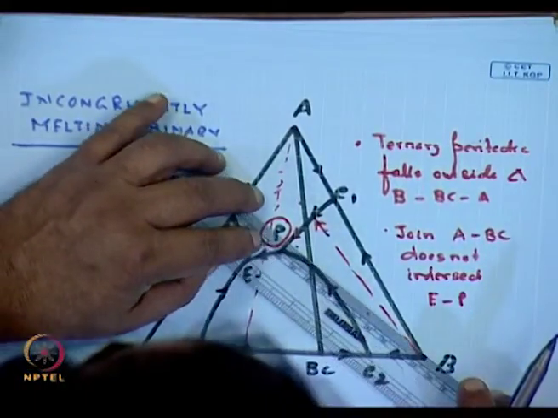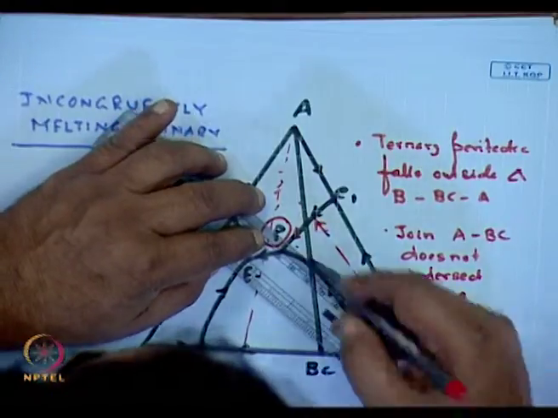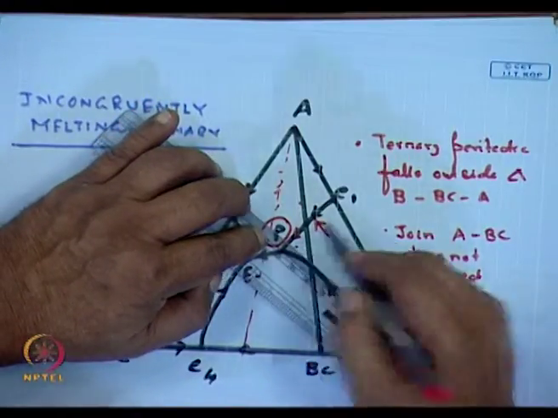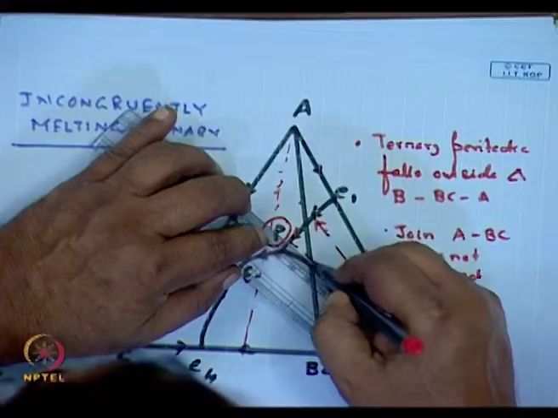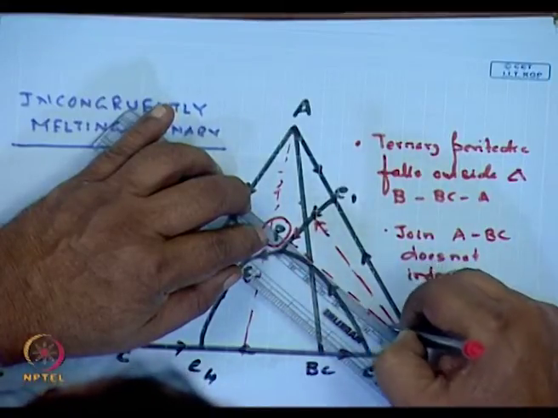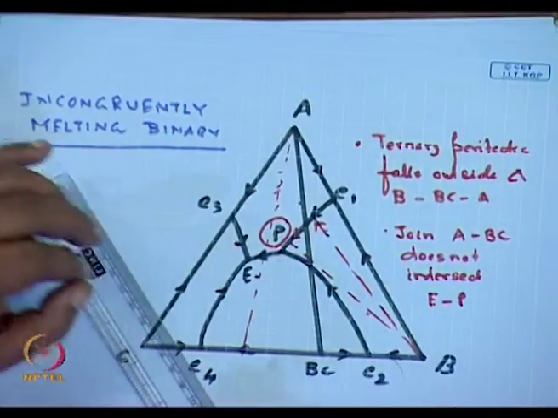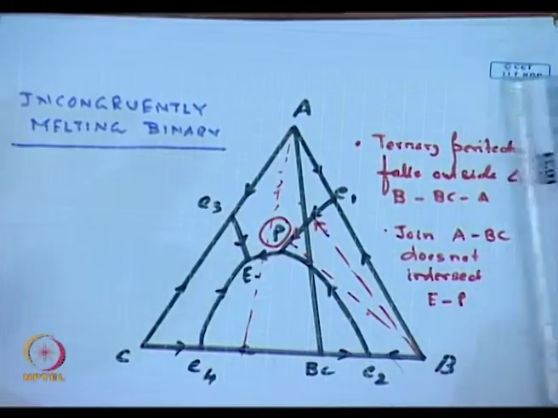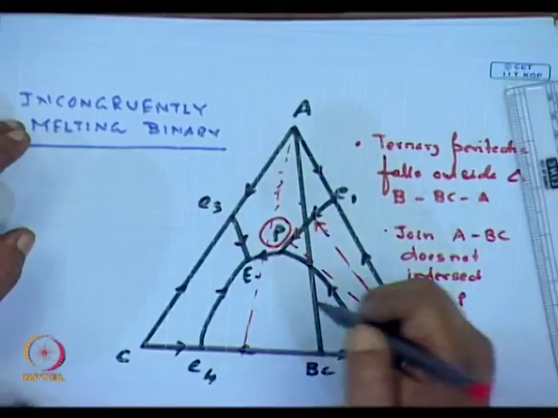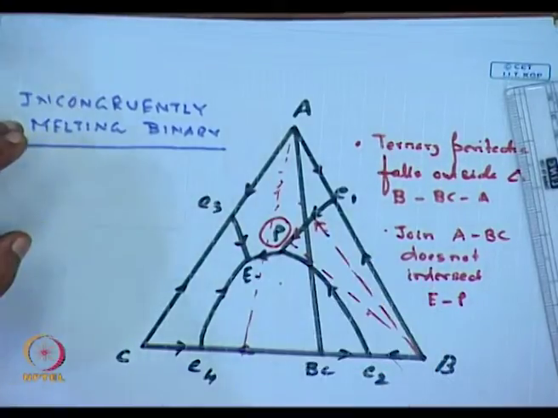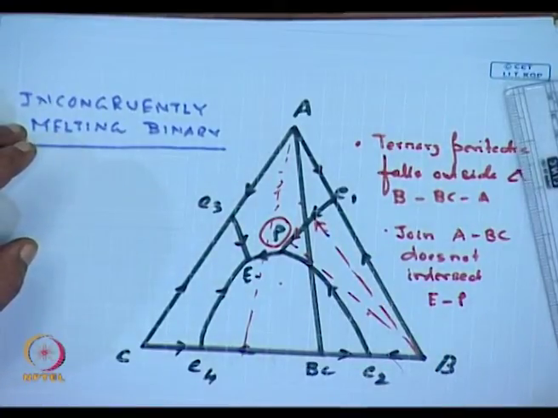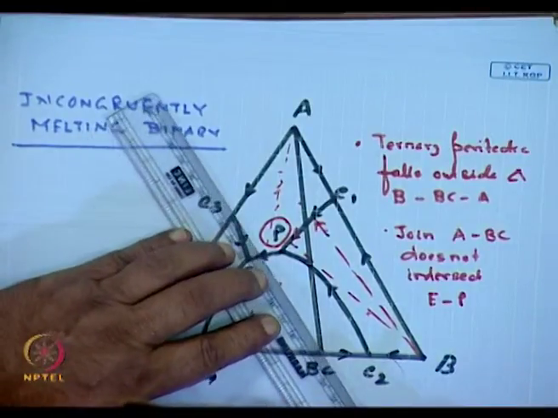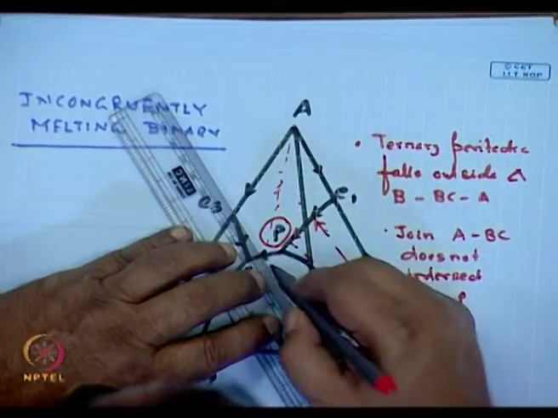However, if it is from this particular point, the cooling path would be something like this over here. Let me say a particular point over here. The cooling path now would lead to a different situation.